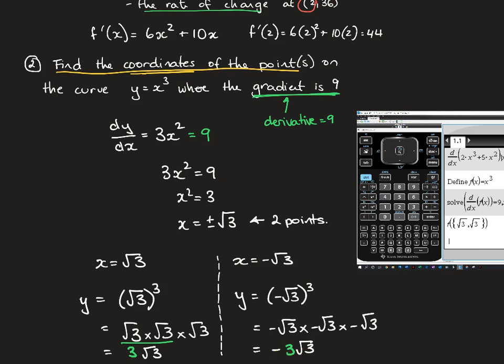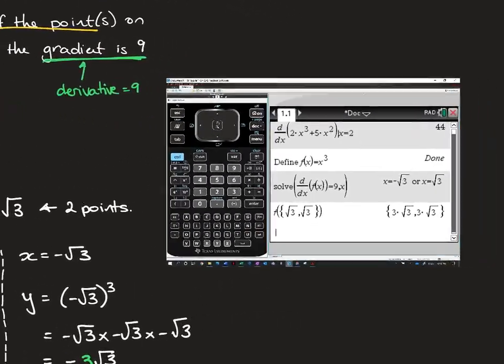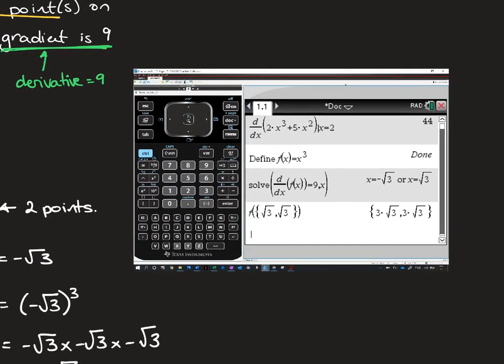And you can see the screenshot from the CAS calculator over here, and I just wanted to show you how you would go about doing this on your CAS calculator. You can actually put into your CAS calculator that you want it to solve a derivative equal to a particular value. Can you see I've made the derivative of the function equal to 9 and then asked it to solve that derivative for x, which is what it's done. And it's given me the two answers here.